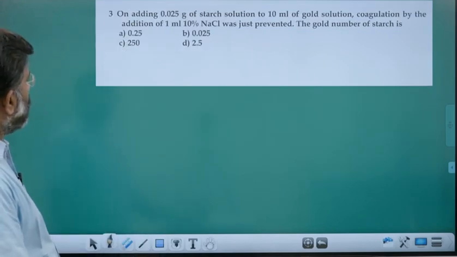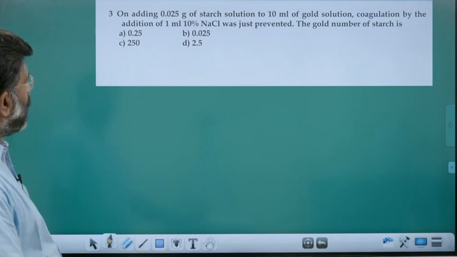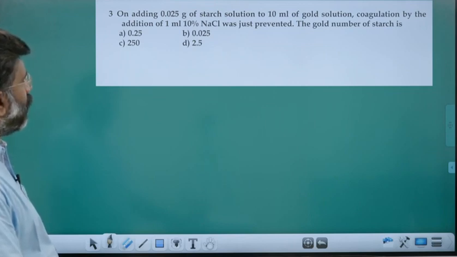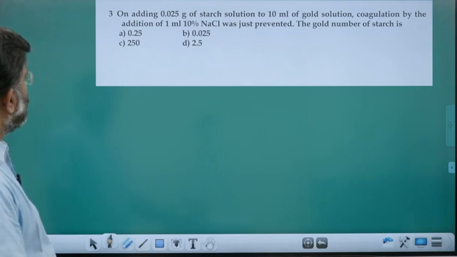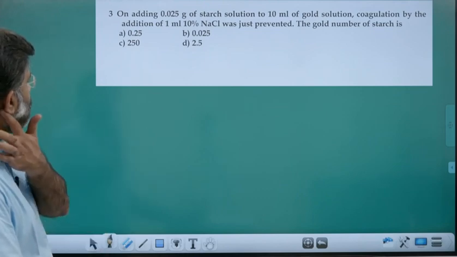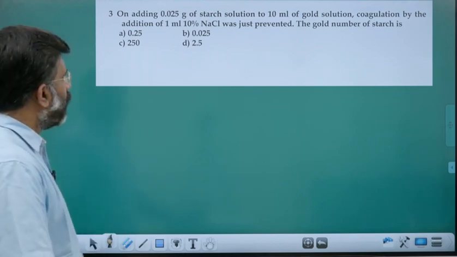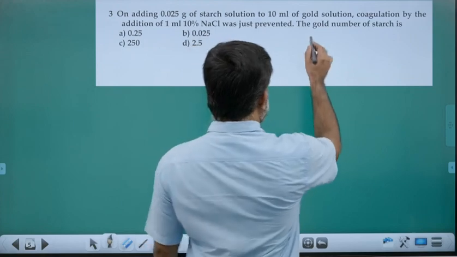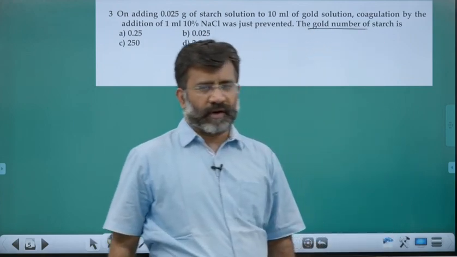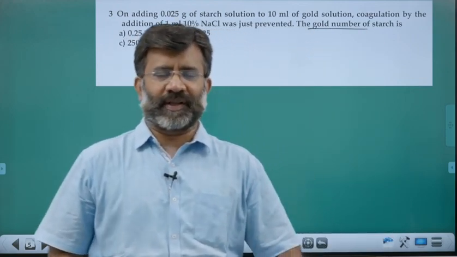On adding 0.025 gram of starch solution to 100 ml of gold sol, coagulation by the addition of 1 ml 10% NaCl was just prevented. Gold number of starch is? What is the definition of gold number? Learned in the classes, taught in the classes.